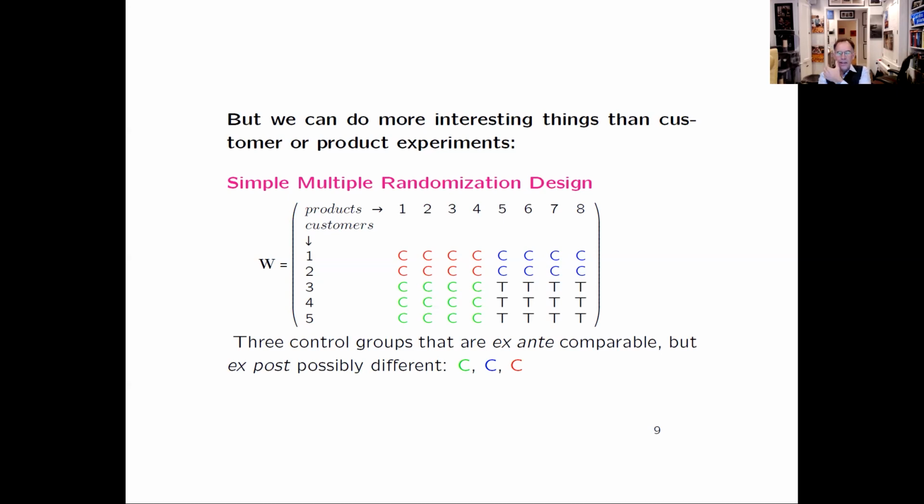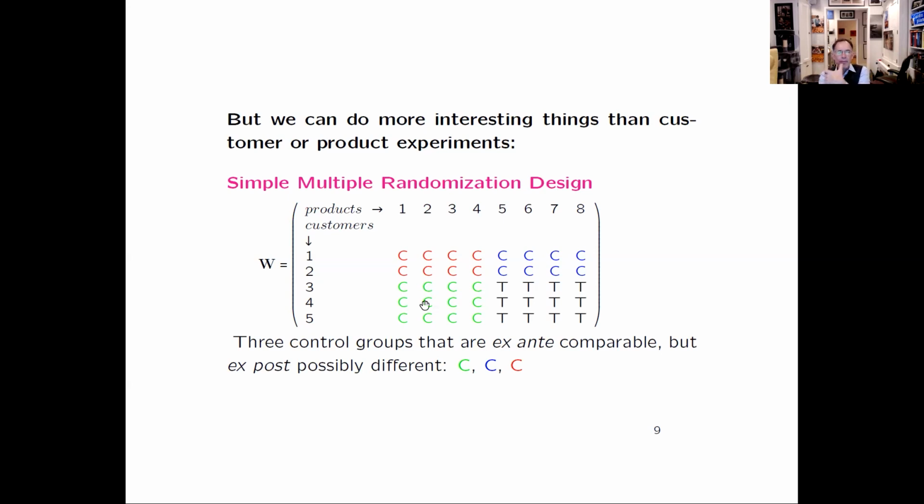So if the treatment makes these customers switch from what may be relatively similar products 1 through 4 to the treated products 5 through 8, suppose the treatment is something that makes the products more attractive, a shipping discount or more information, customers may switch to the treated products, and you would see a systematic difference between outcomes for the red customer product pairs and the green customer product pairs because of these spillovers.